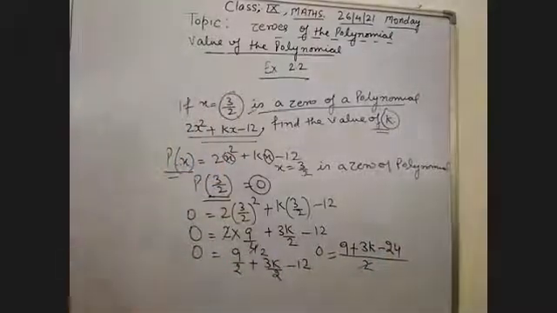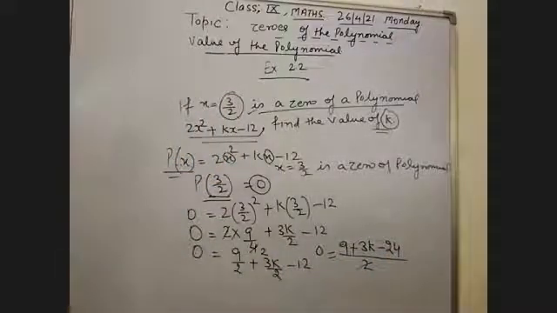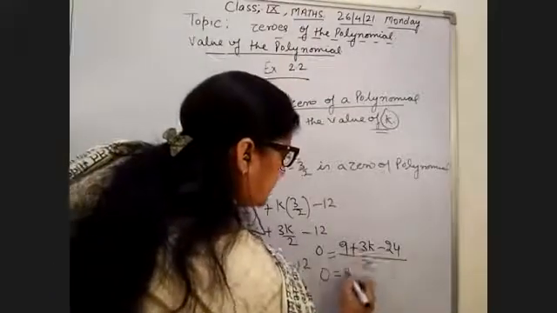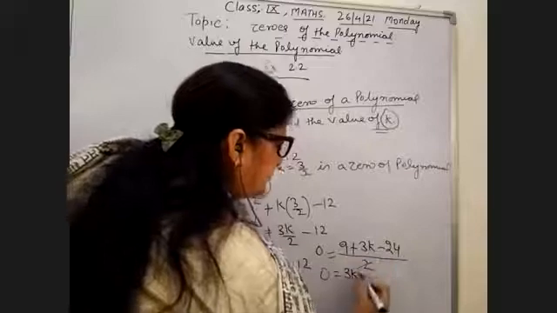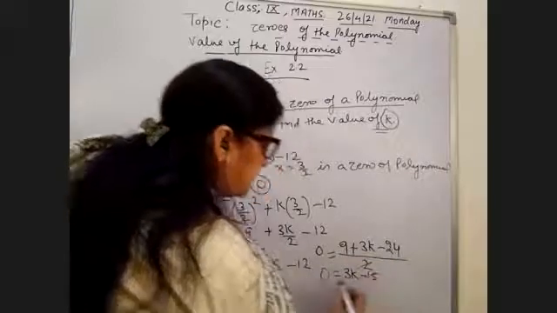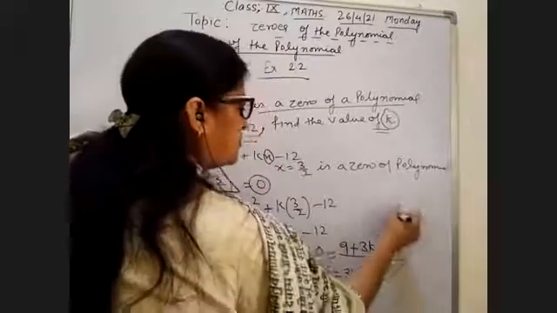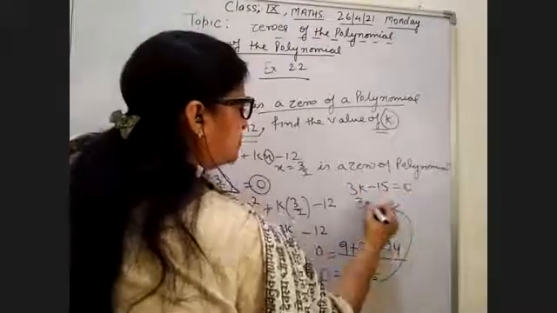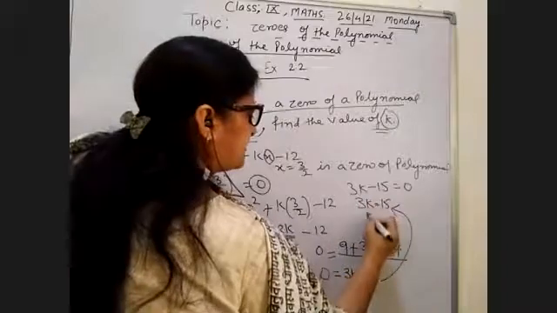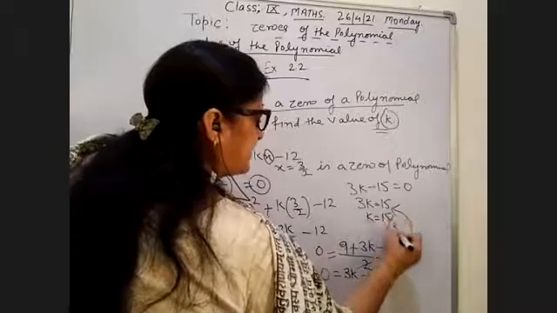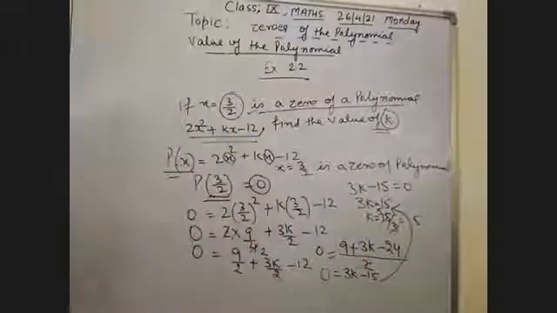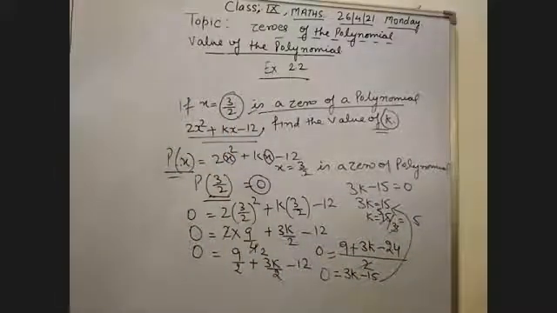So 3k minus 15 equals 0, 3k equals 15, and the value of k equals 5. 3 5s are 15, so k equals 5.